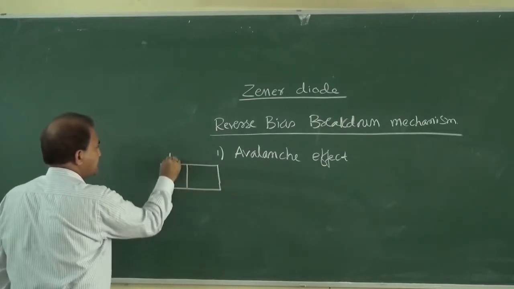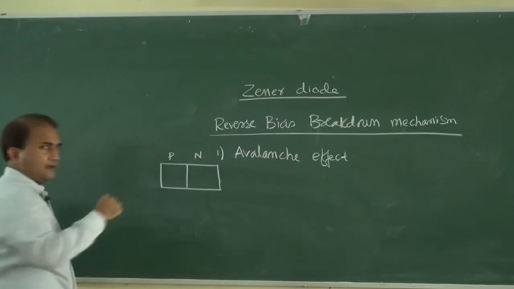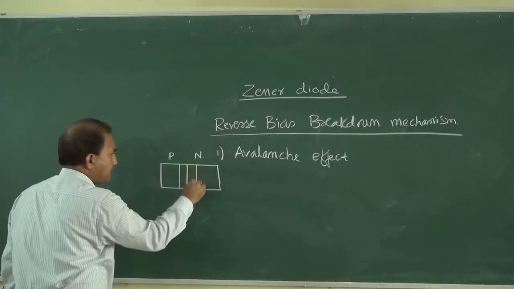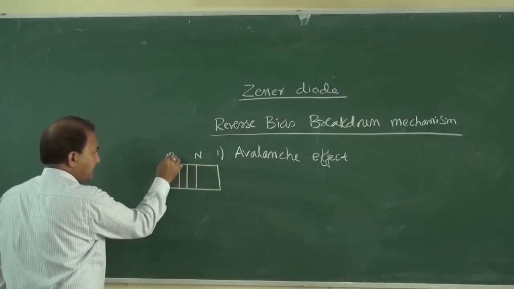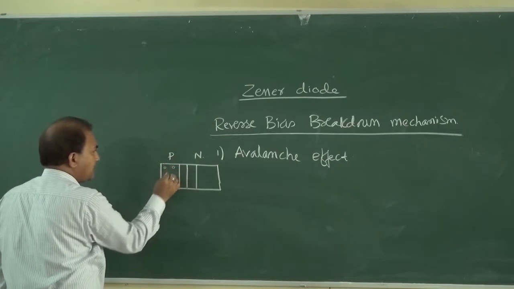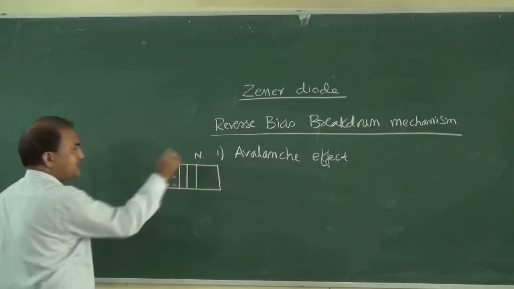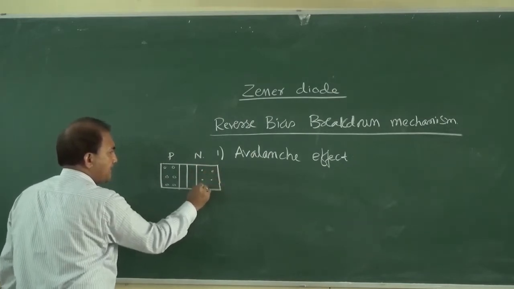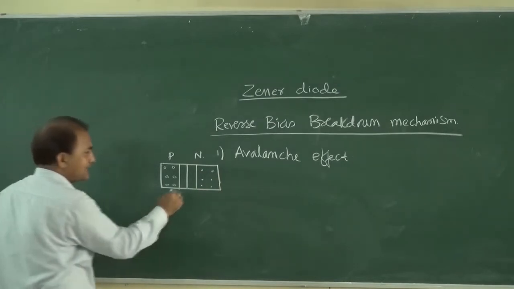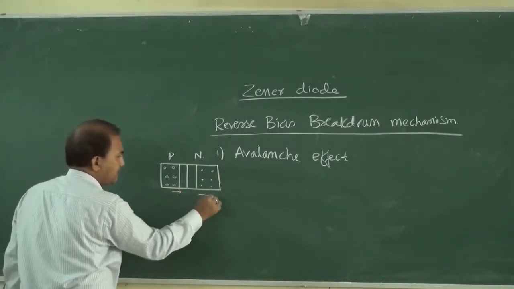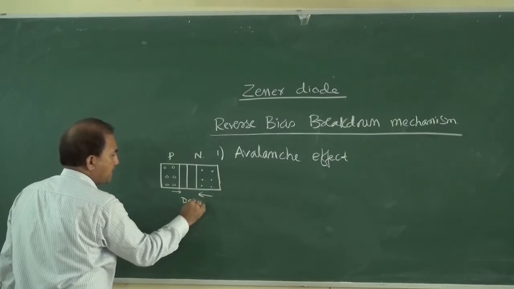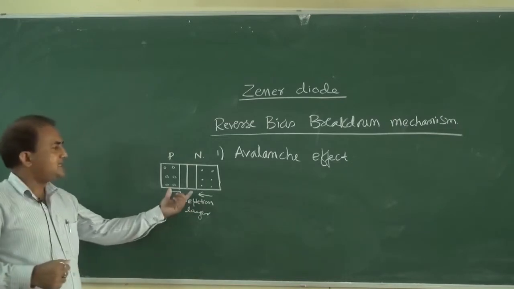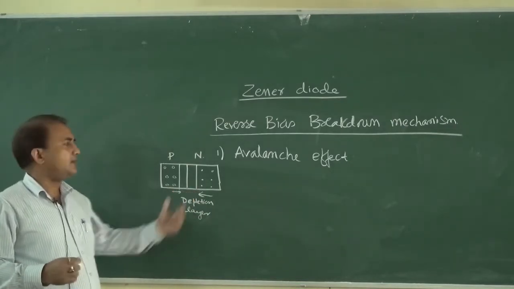Suppose a PN junction diode, this is the P side and this is the N side. In the P side the majority carriers are holes, and in the N side the majority carriers are electrons. Say this is the depletion layer, and this is its width.